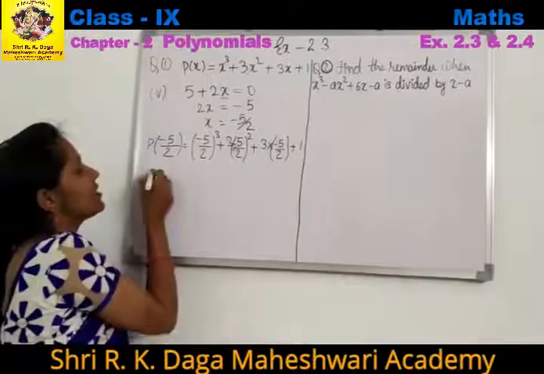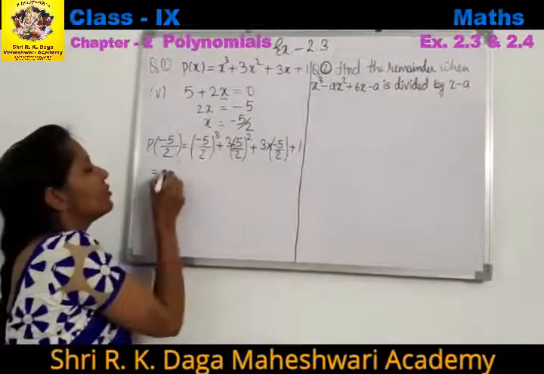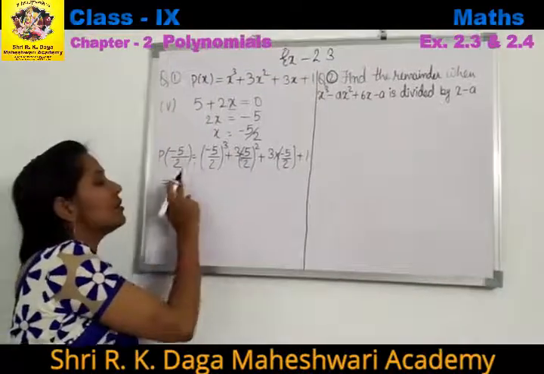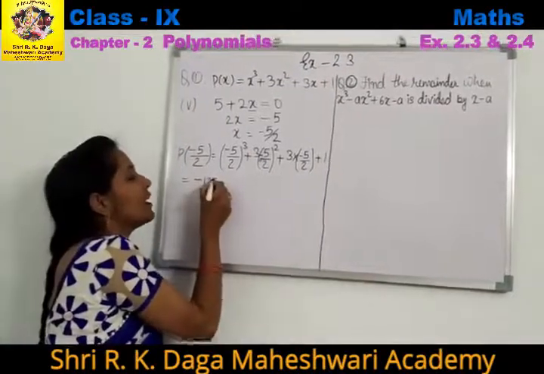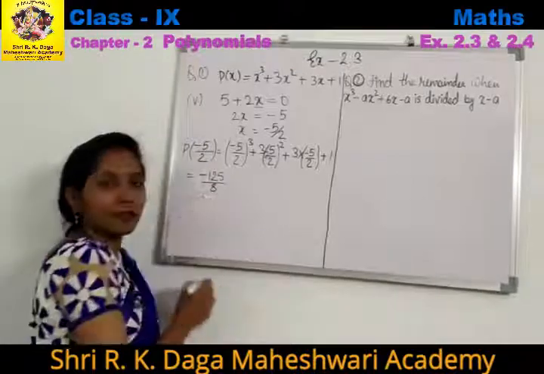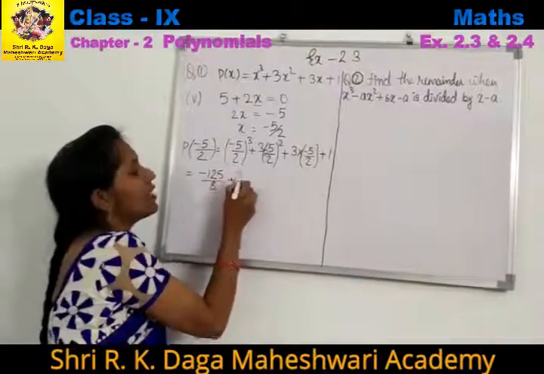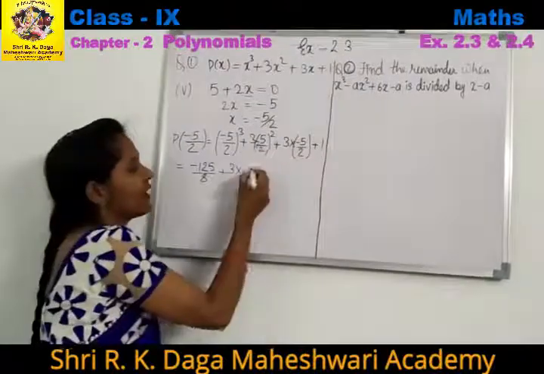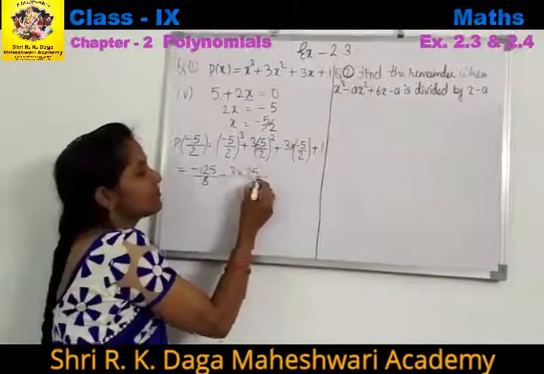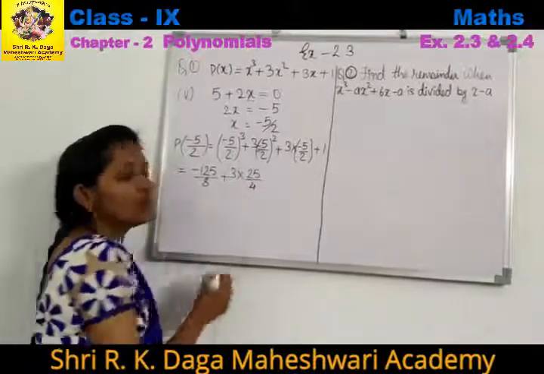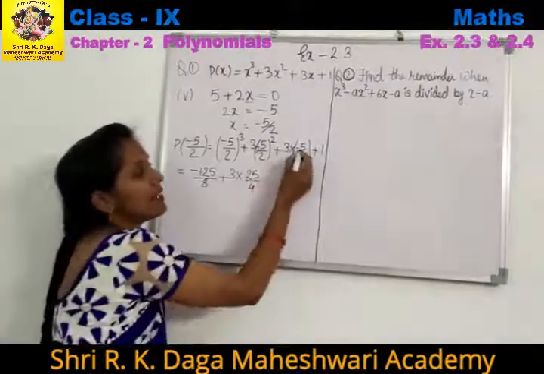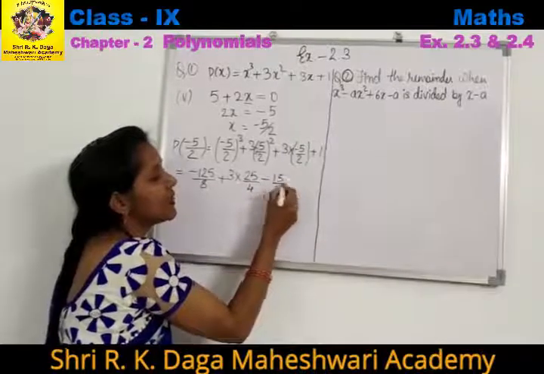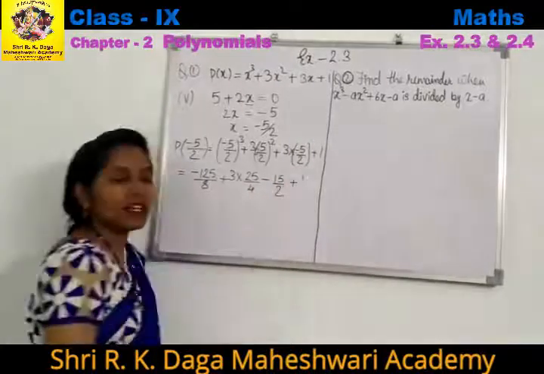When we solve these terms, we get 5 cube. The minus sign will come because it is minus cube. So minus 125 upon 8 plus 3 into minus 5 square, which is plus 25 upon 4, plus 3 into minus 5, which is minus 15 by 2, and plus 1.